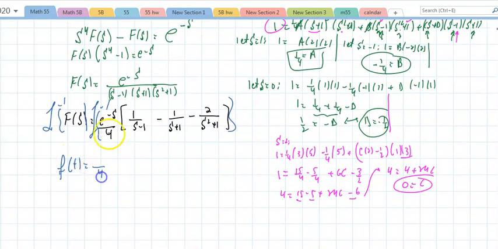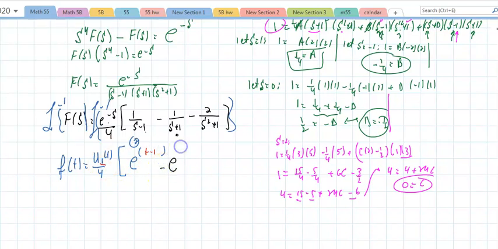equaling over 4. This is going to pick a u sub 1 of t, and this should be e to the t. This is by 2. But instead of t, I'm going to shift it by 1 unit, t minus 1.